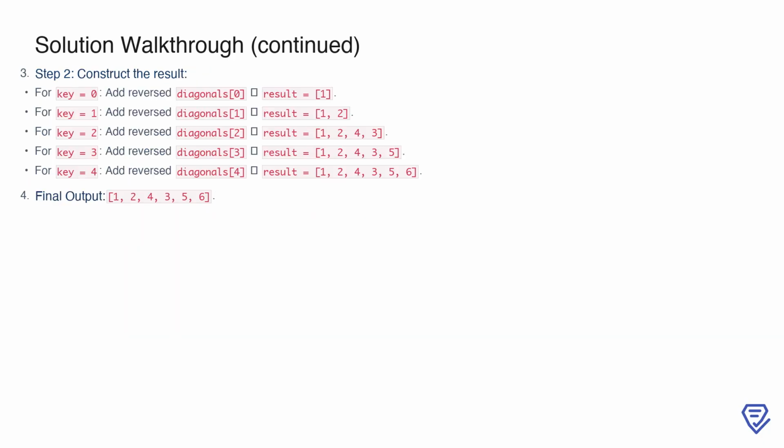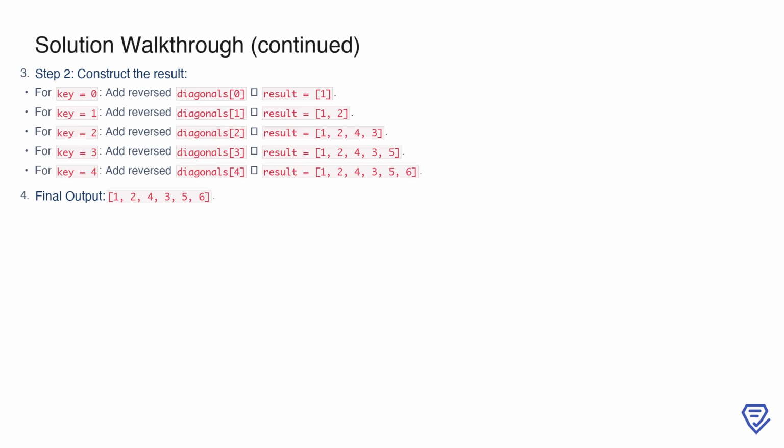To construct the result, we process the diagonals in the order of their keys. Starting with key 0, the diagonal 1 is reversed and added to the result, producing 1. For key 1, the diagonal 2 is reversed and appended, resulting in 1, 2. The diagonal 3, 4, for key 2 is reversed to 4, 3, and added, giving 1, 2, 4, 3.